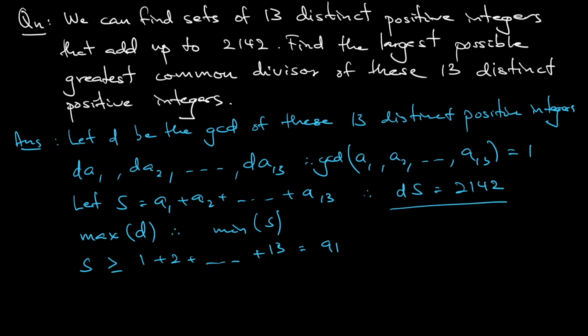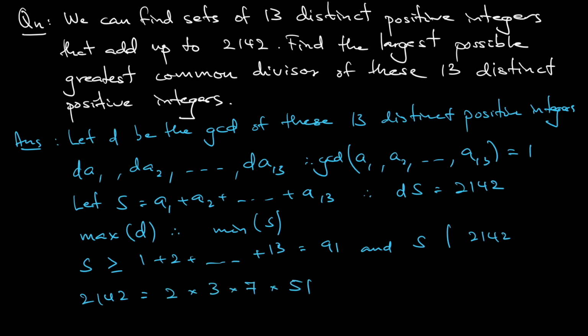And S needs to divide 2142. Notice that 2142, if you do prime factorization of this, is 2 times 3 times 7 times 51. So you want the smallest S that is still at least 91 and a factor of 2142.